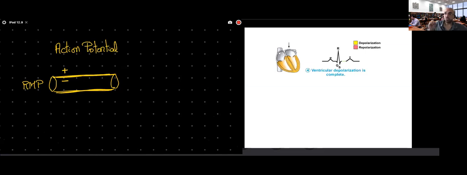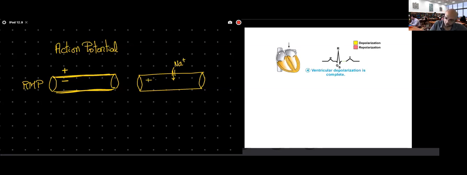What happens if I receive a threshold stimulus? This will cause the opening of sodium channels, a special type of sodium channels. Don't want to get into this detail. As I allow the sodium in, what's going to happen?